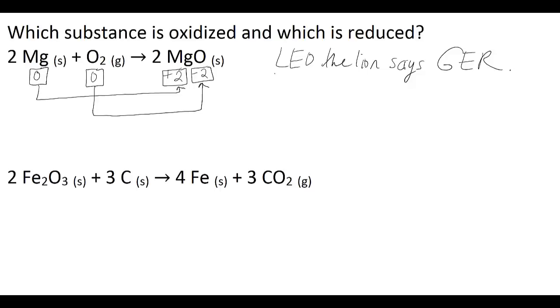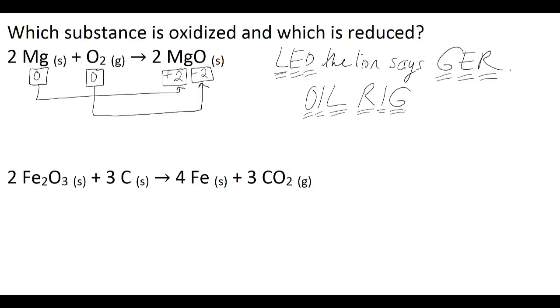The L stands for lose electrons, oxidation. And the GER would be gain electrons is reduction. Another way to remember this is OIL RIG. Same kind of idea, except it's said a little bit differently: oxidation is loss, reduction is gain. I tend to use the first one, but you can use either one.